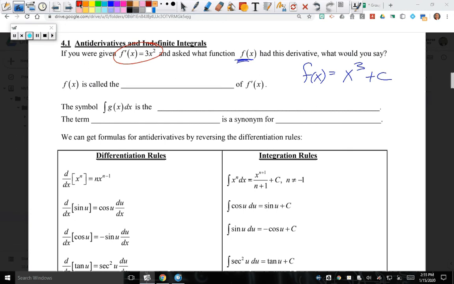With this being said, f of x is called the antiderivative. Anti usually means against or opposite, but this isn't a negative opposite. It means a backward process. Imagine yourself as a baby. When you first came to my class, you first had to learn how to stand.